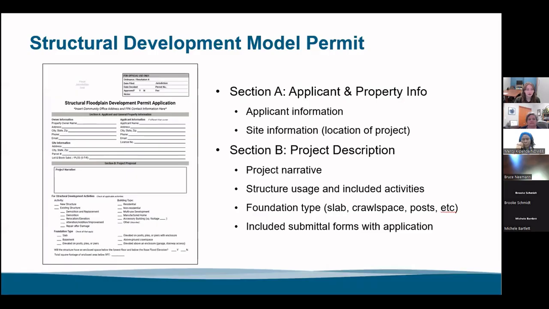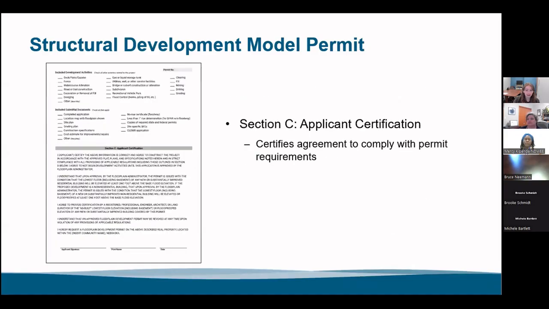So a little overview of the structural development model permit. It is laid out in the same format as the non-structural, with section A, including the applicant and property information, applicant info and owner information if they're different, and site information. Section B is the project description, have the narrative box again, structure usage and included activities, foundation type, and included submittal forms with the application. Section C, again, this is just the certification.